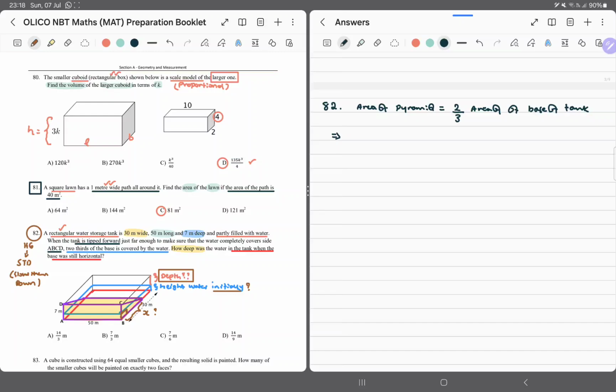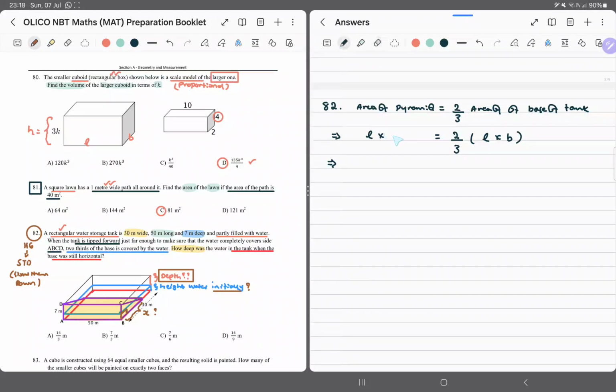Now the area of the pyramid is length times breadth, so I'm just going to write these nicely, equals 2/3 into L times breadth as well. Just going to go about it systematically without rushing.